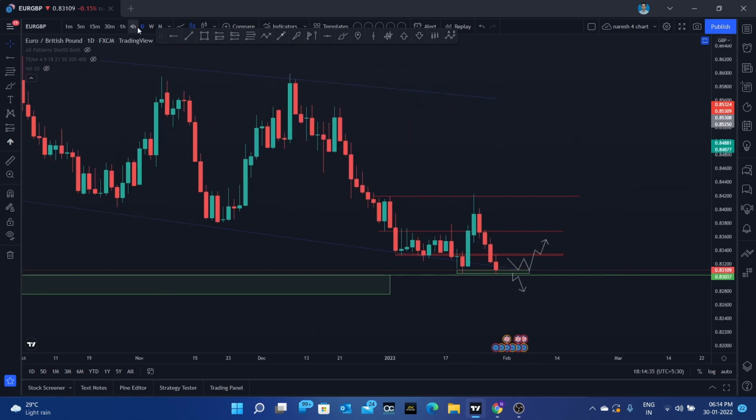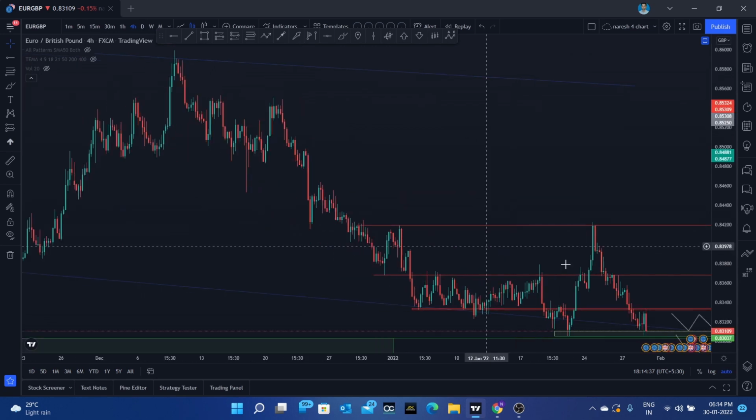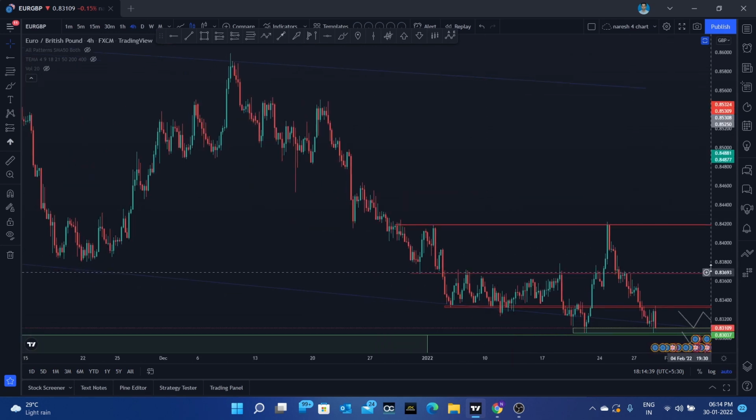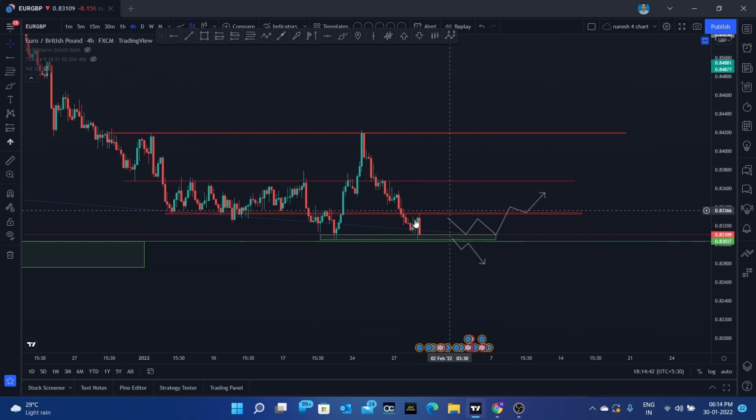And if you go for long entries, you need some kind of consolidation break of this area with good momentum, and you can take this as your target. But even then the risk to reward is not good, and this would be a second target and it may not hit, that's why it is better to avoid this pair this week, guys.